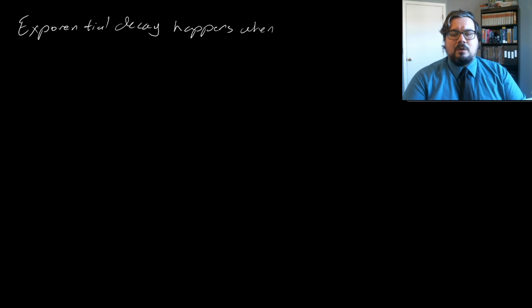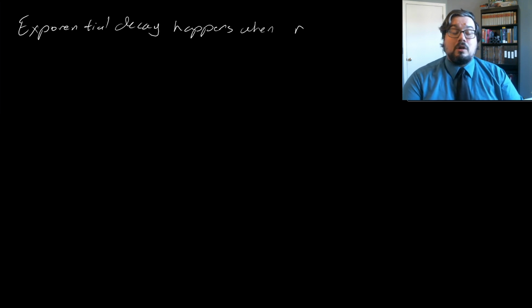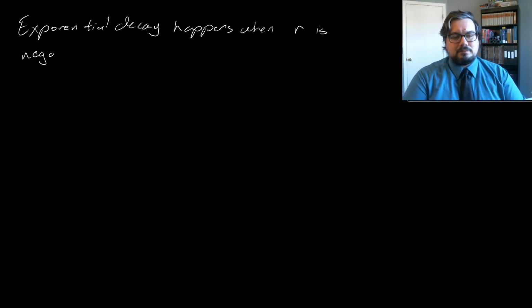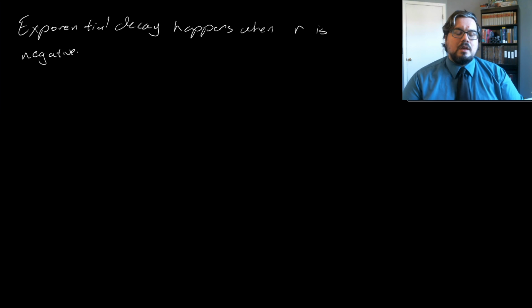So exponential decay happens when our growth rate, or interest rate, R is negative. So let's see an example of how we use that.